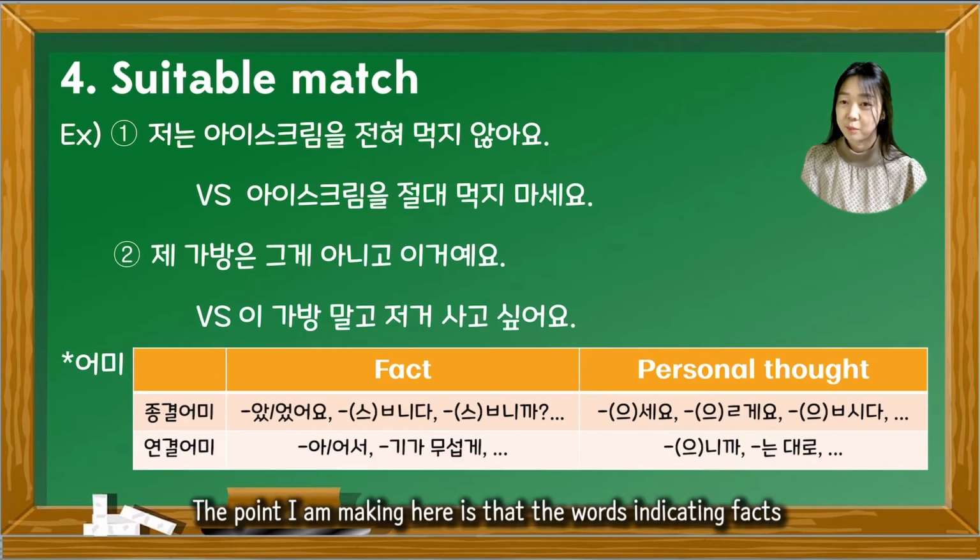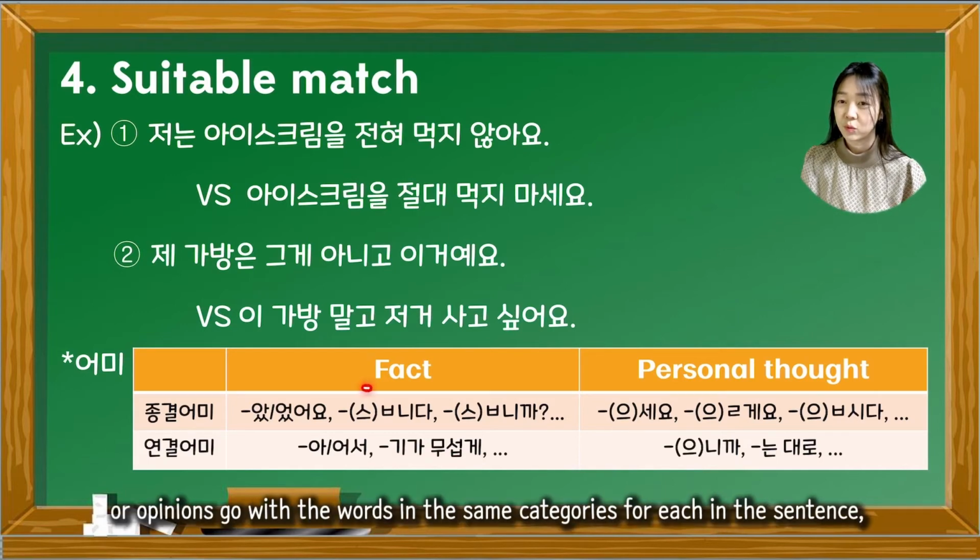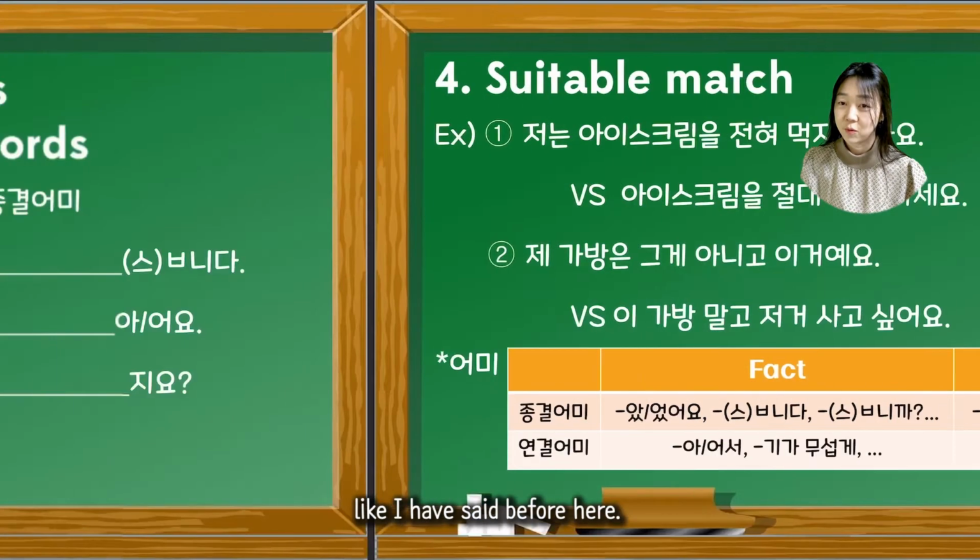The point I'm making here is that the words indicating facts and opinions go with the words in the same categories for each in the sentence, like I have said before here.